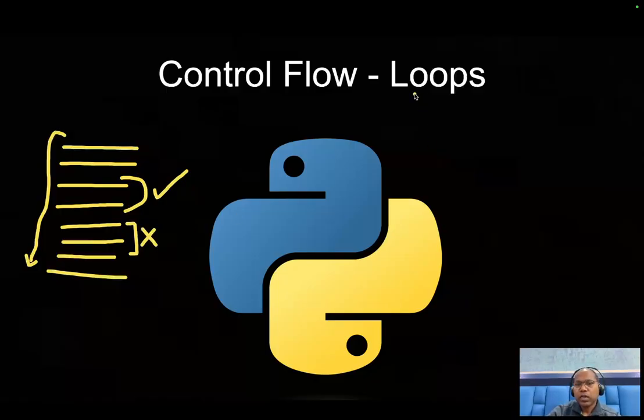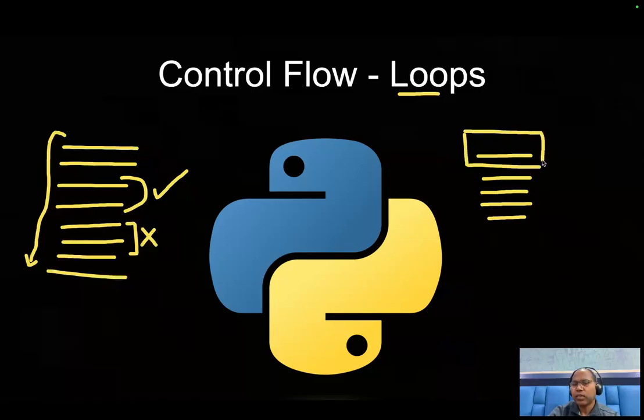Now the other control flow is known as a loop. Loop says, hey, this is the statement or line I have written, and I want the same thing 10 times, 20 times, 30 times. Same statement or same line of code. Let's say these are the two lines of code you have written, and you want them to be executed 10 times, 20 times.